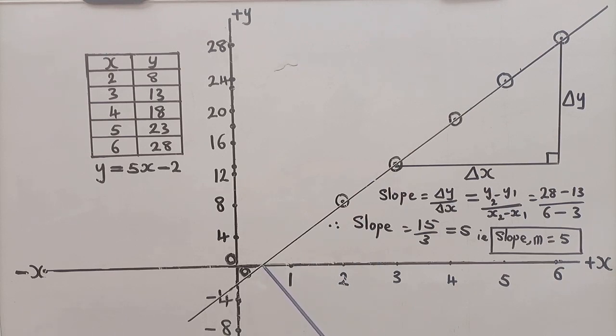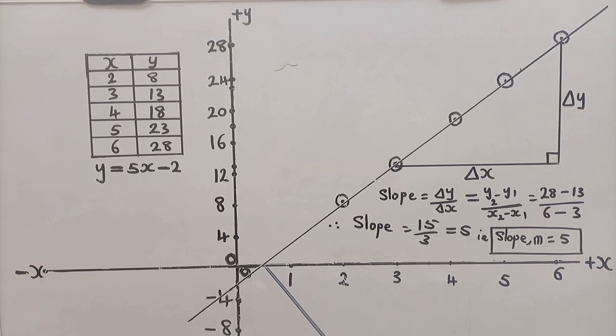This position is an intercept. This is also an intercept. This is the x-intercept, while this corresponds to the y-intercept. Therefore, once we get the value of x here and the value of y here, we've just got the values of the intercepts. Let us see how to go about it.